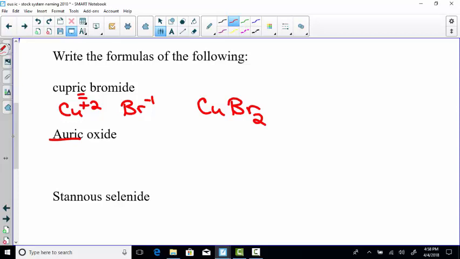And gold can be a 1 or a 3. So auric is the +3 form. Oxide is a -2. So Au is a +3, oxygen is a -2. So bringing charges down, Au2O3.